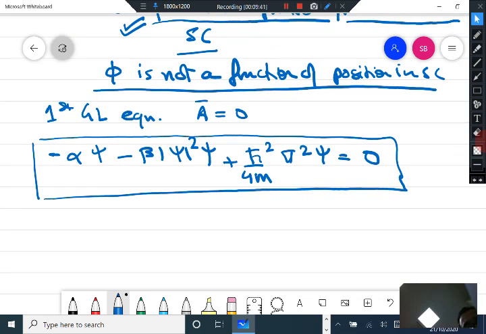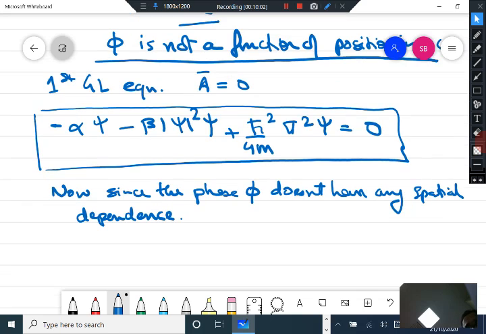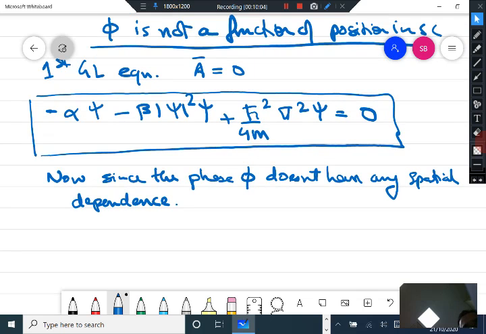Okay. Now since the phase phi doesn't have any spatial dependence, the entire part of the spatial dependence will be in psi naught.